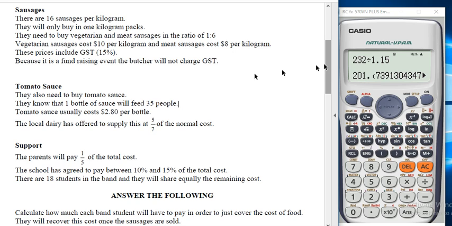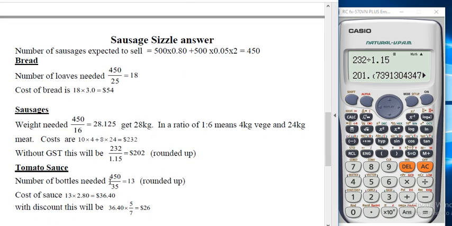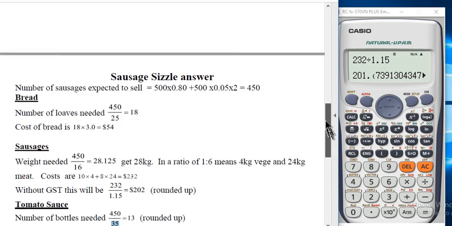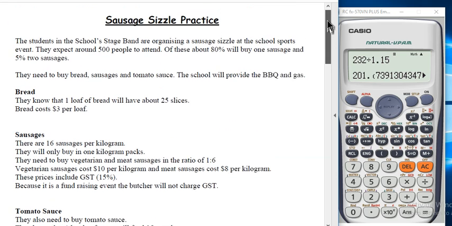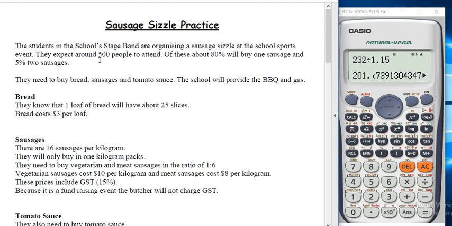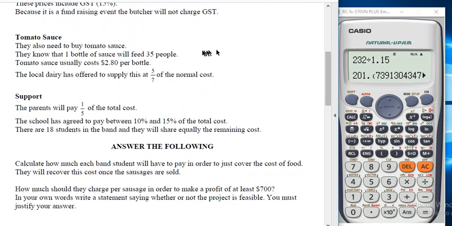It's not recommendable to do it that way, and even in the answers over here they've assumed it's divided by 35, so even the way they've answered it is as if that's actually sausages. Will be enough sauce for 35 sausages, not people, but 35 sausages. But it wouldn't make too much difference. Remember over here we had 425 people, but we had 450 sausages. Okay, so anyway, that wouldn't make too much difference. Just a little thing I thought I might mention in case somebody else figured that out there.